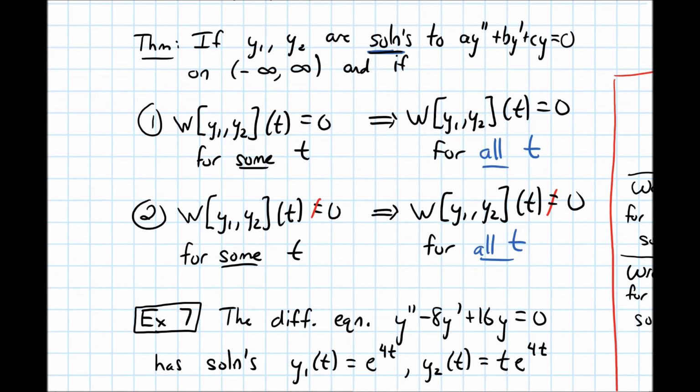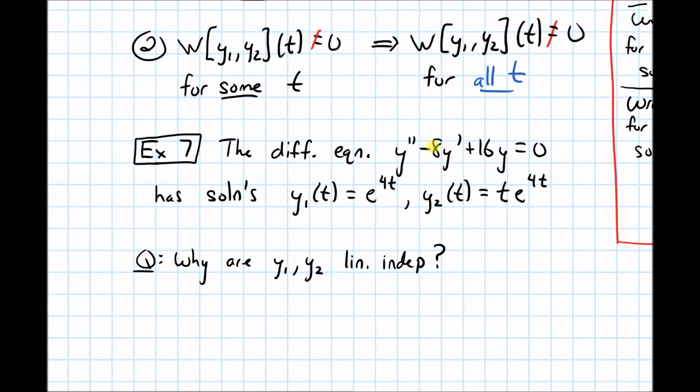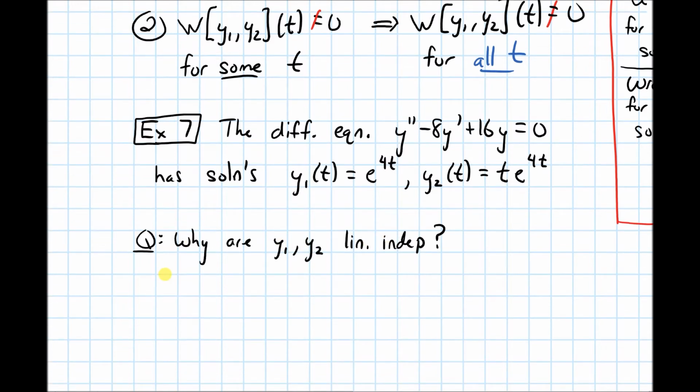So let's go back to our example of this differential equation: y double prime minus 8y prime plus 16y equals 0. And we've seen that this has these solutions, e to the 4t and t times e to the 4t. So let's now answer the question, why are these two solutions linearly independent by using the Wronskian?